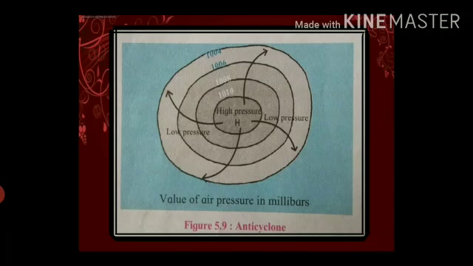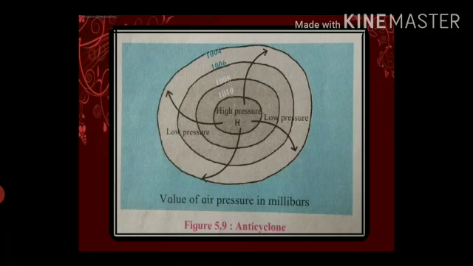But in anticyclonic conditions, it is vice versa, meaning a high pressure area is surrounded by a low pressure area and the winds blow from the center, that is the high pressure area, towards the low pressure areas in a circular manner.